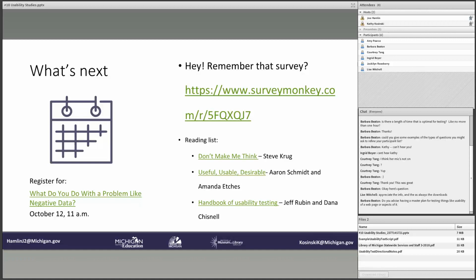Do you advise having a master plan for testing things like usability of a web page and aspects of it? Yes, especially if you're going really in depth, a master plan is great. I believe Useful, Usable, Desirable has one that's more geared towards libraries, but the Handbook of Usability Testing also goes over it. Essentially, you write out those questions, like, can they start this transaction?